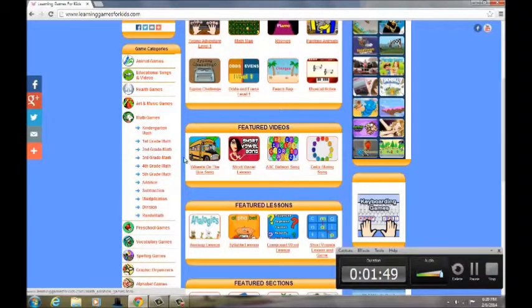In these math games, there are several subcategories: first grade, second grade, third grade, fourth grade, fifth grade, addition, subtraction, multiplication, division, and random math.